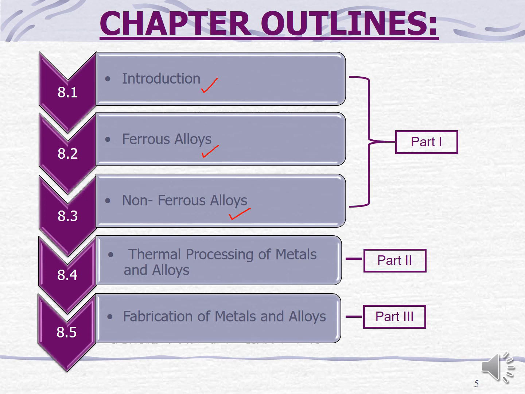These three subtopics will be taught in the first part of this chapter. And 8.4 on the thermal processing of metals and alloys will be taught in the second part of Chapter 8. And the last one is on the fabrication of metals and alloys. It will be taught in part 3 of this chapter.